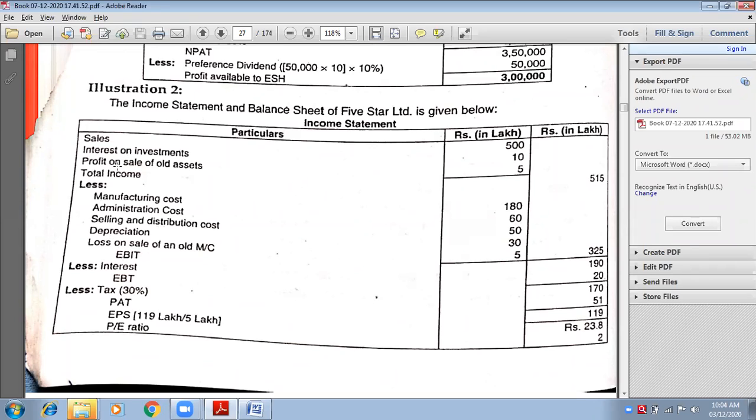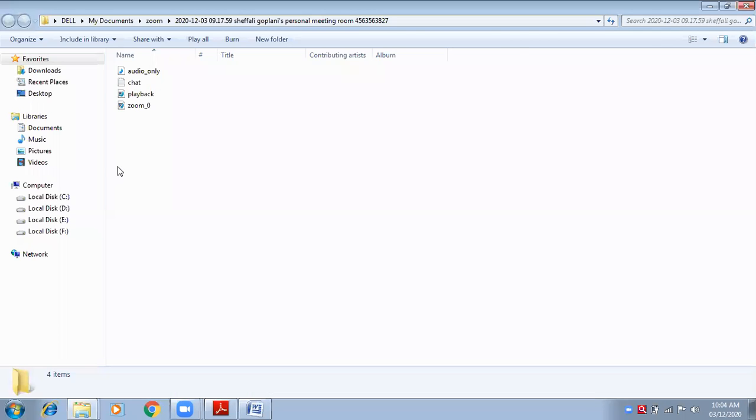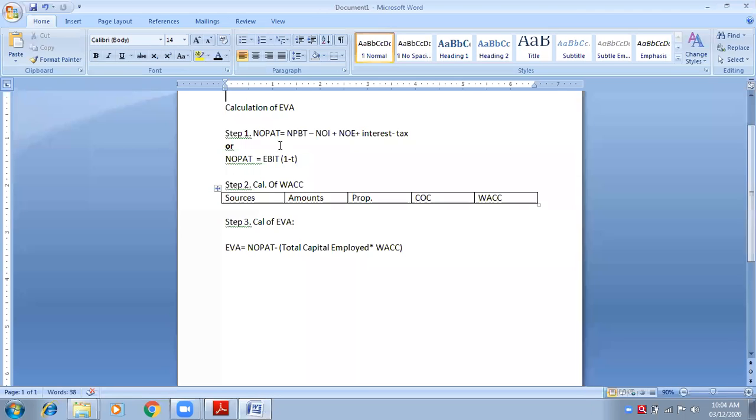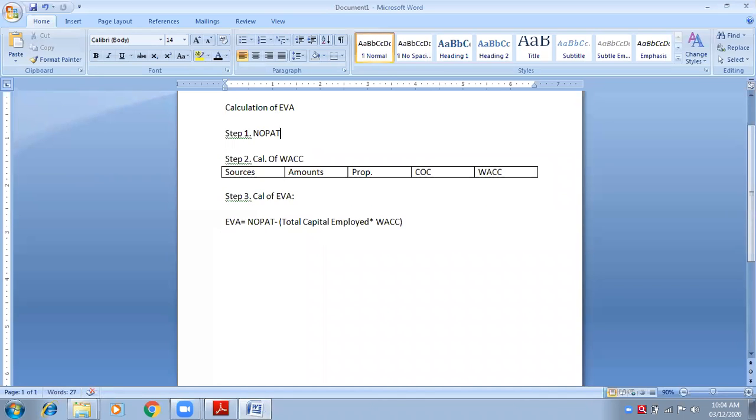So now see what we will do. This is my step number 1, no pact. Now neither of the formula will be applicable. Now which formula will be applicable? We will start with EBIT. Before EBIT, there were three things that I did not want.